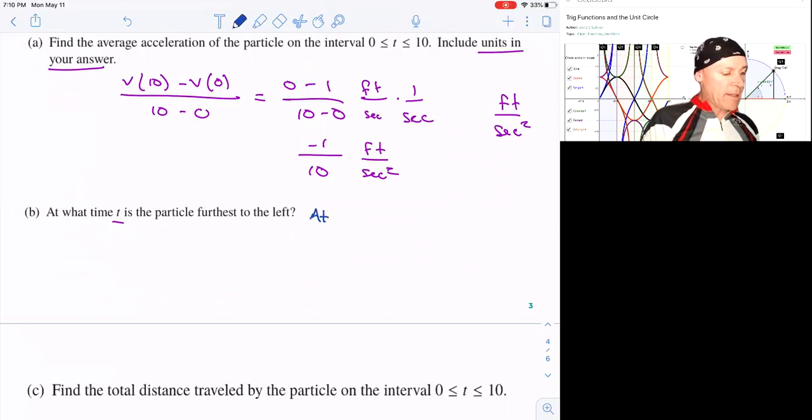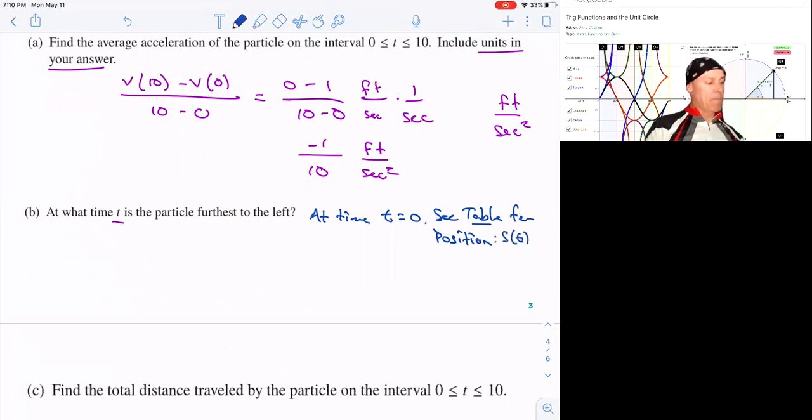I say at time t equals 0. Now this problem didn't say anything about justify your answer or explain, but I would probably just do the table, and I would say, see table for position S of t. Okay, sweet.